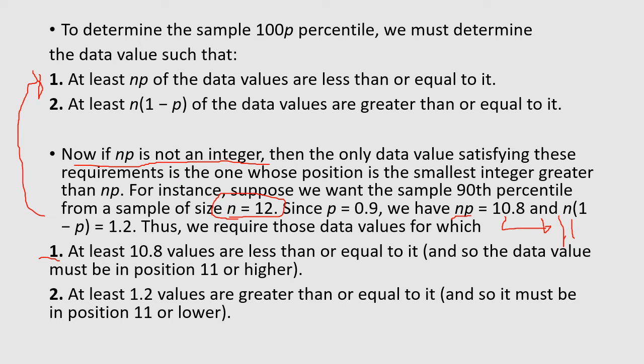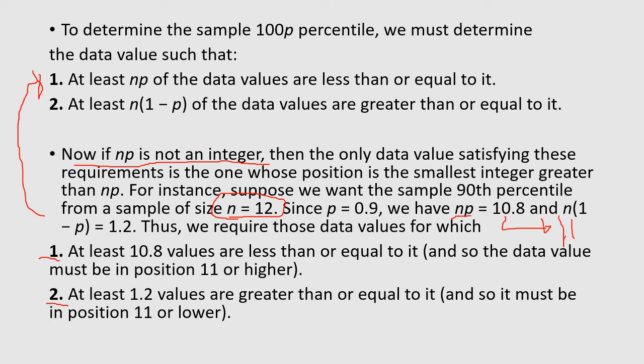The scores that are positioned below 11 are below the 90th percentile, and the scores that are positioned higher than the 11th position are higher than the 90th percentile. And don't forget the second point, at least 1.2 values are greater than or equal to it. So it must be in position 11 or lower.